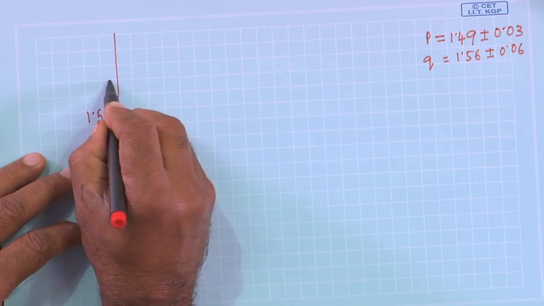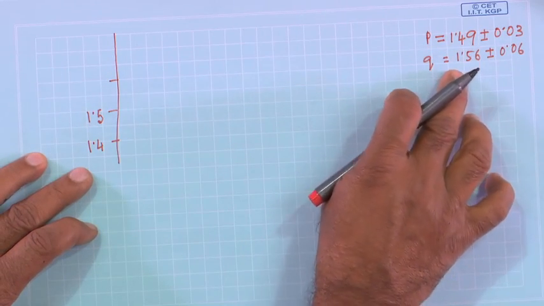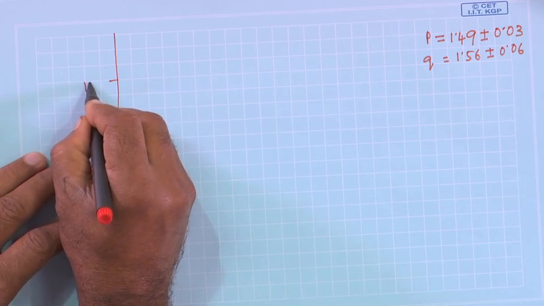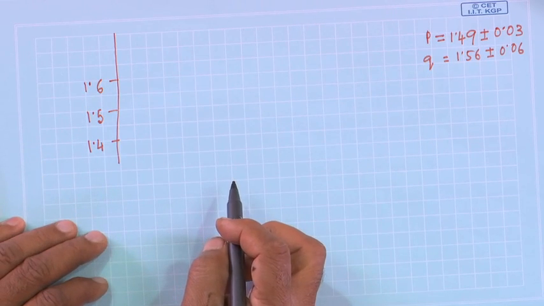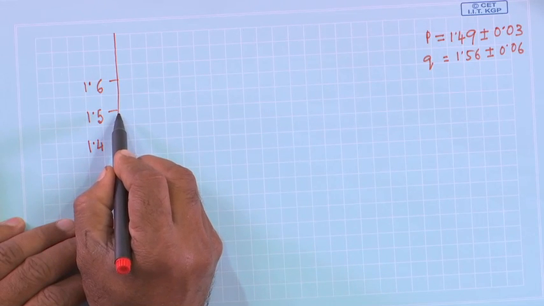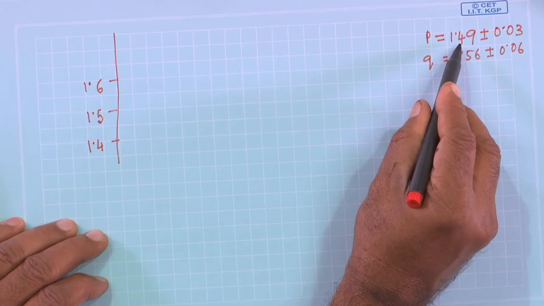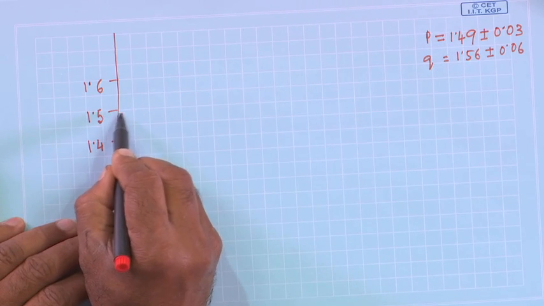So now I will plot it. Its range is 1.4 to 1.6, so I will take a scale and plot. What is this 1.49? It is close to 1.5.